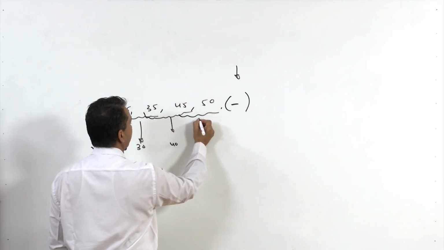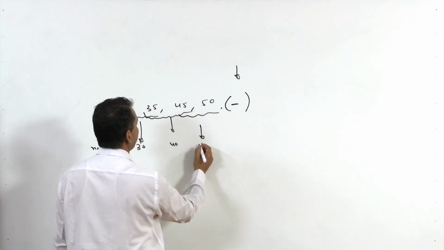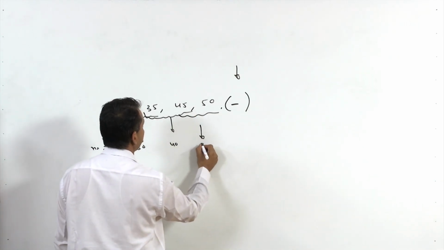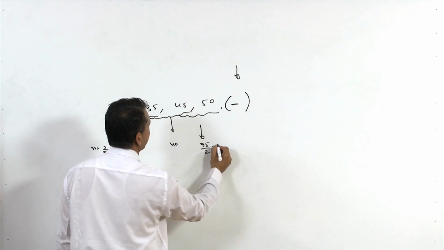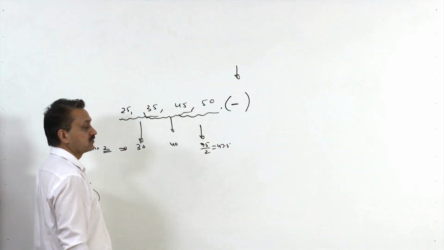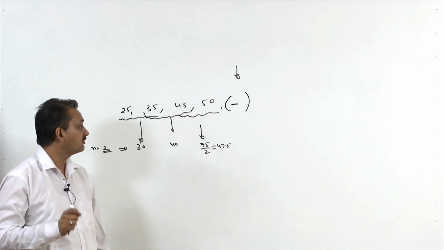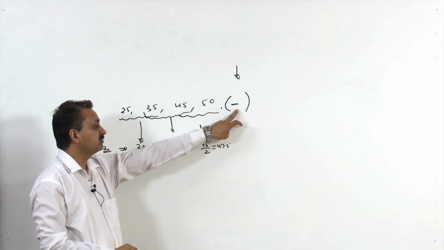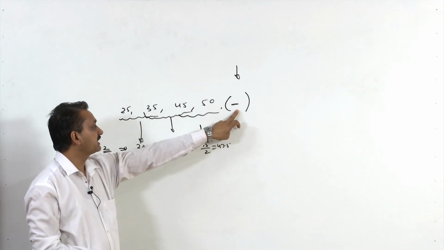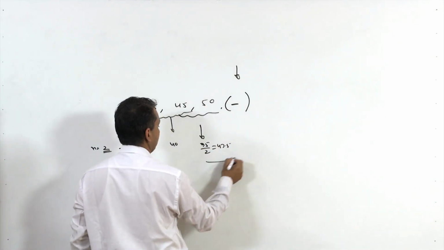So, the average would be 95 by 2, it's 47.5. The answer to this question: we want to know the forecast for the 5th period, so we take a moving average of these two, which is this.